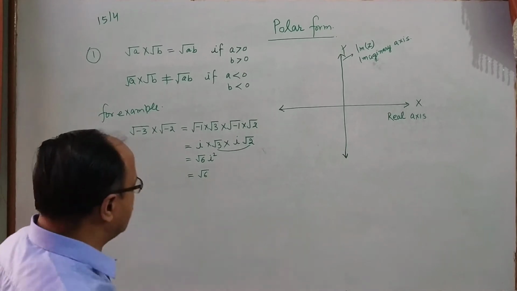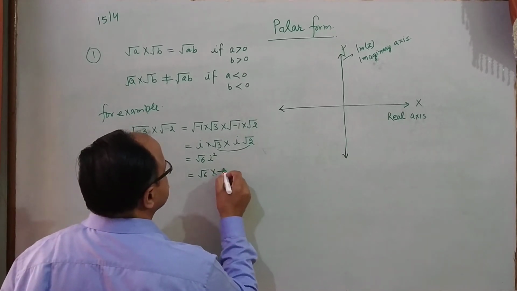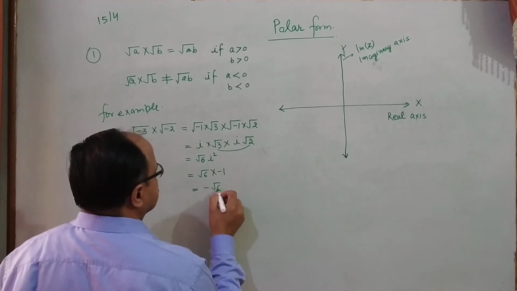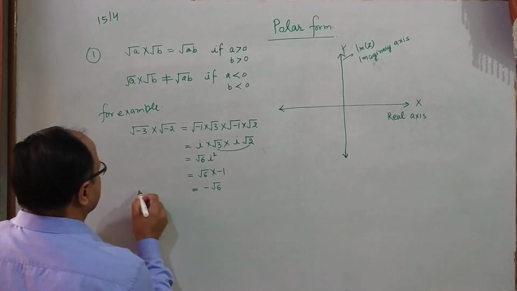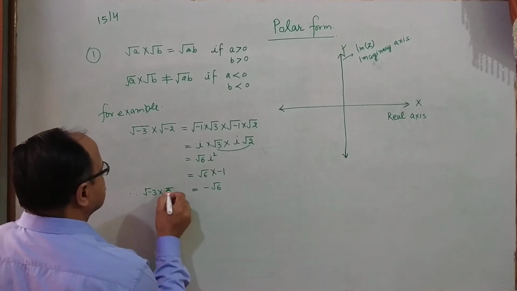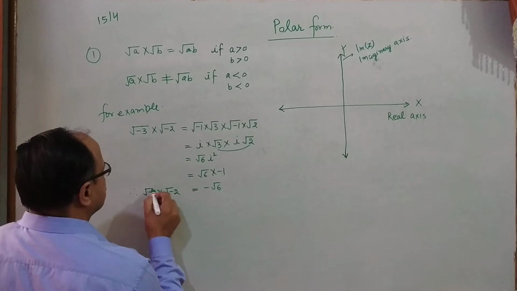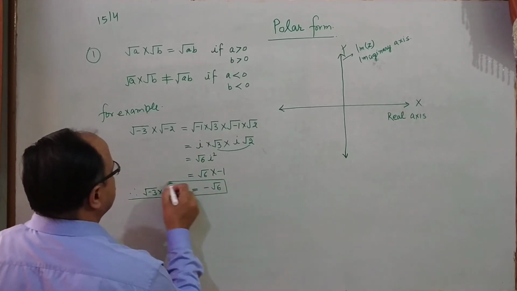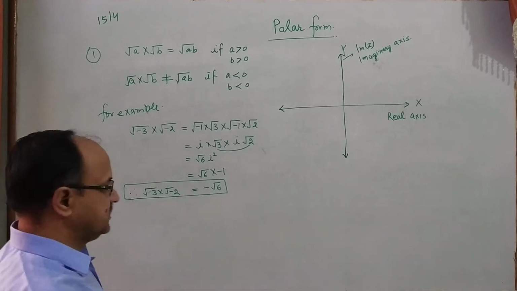Iota square is minus 1. So therefore this is equal to minus root 6. You can say root minus 3 into root minus 2 is equal to minus root 6. Clear?